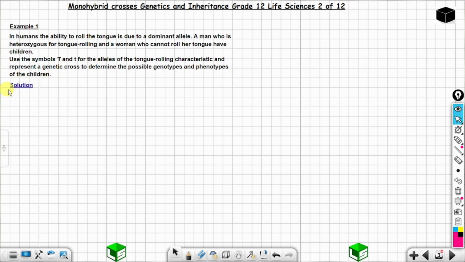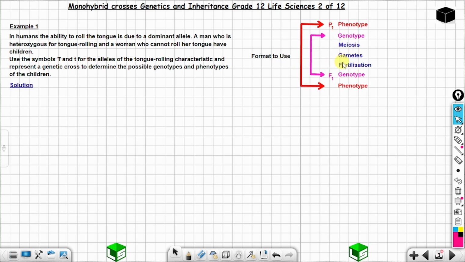Solution. You are going to use this format from the previous slide. So you have P1, parent generation, phenotype. Phenotype is about the physical appearance.